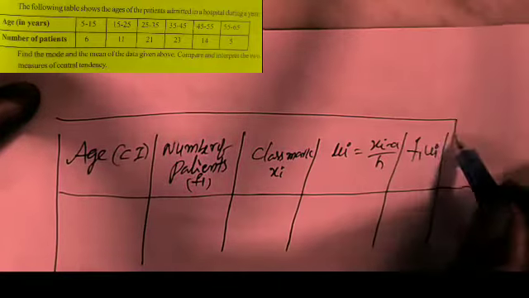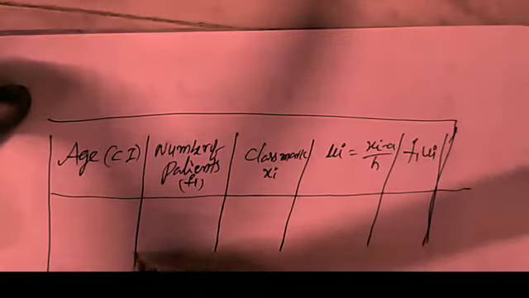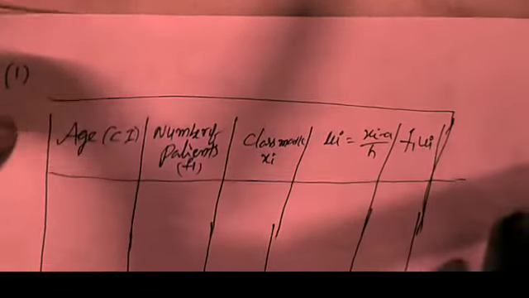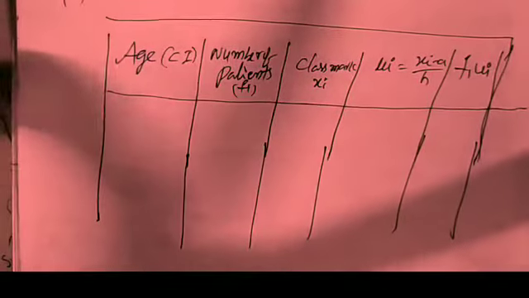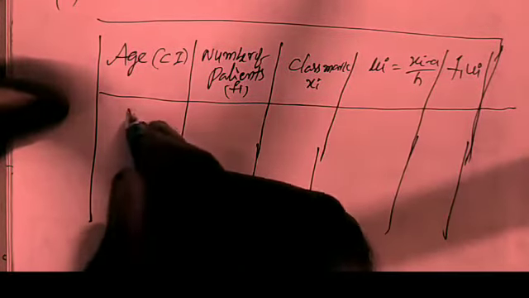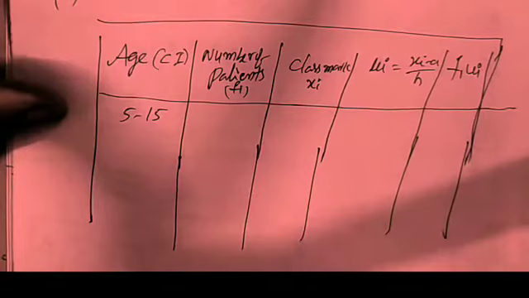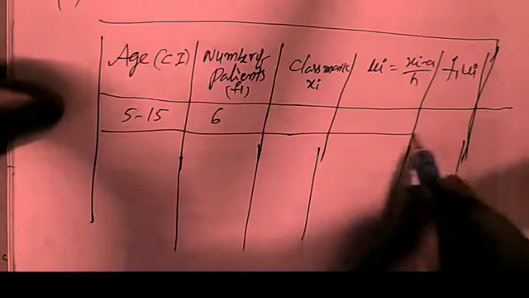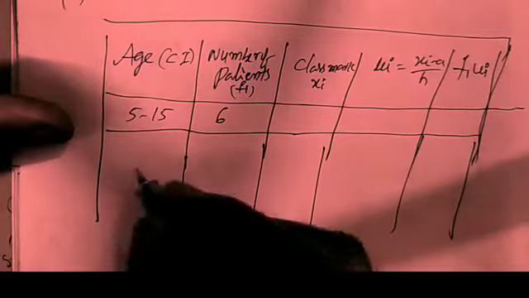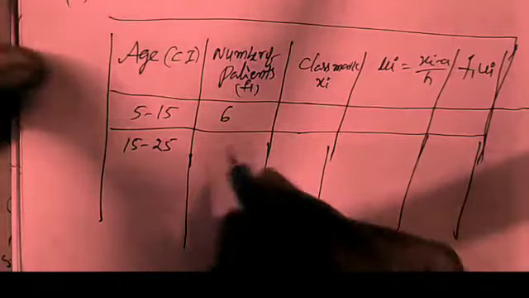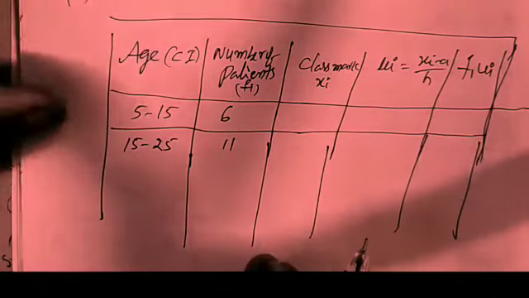Now, I fill up the table. So, 5 to 15, how many? 6. Next, 15 to 25, 11 members.